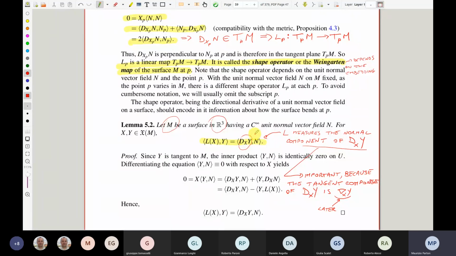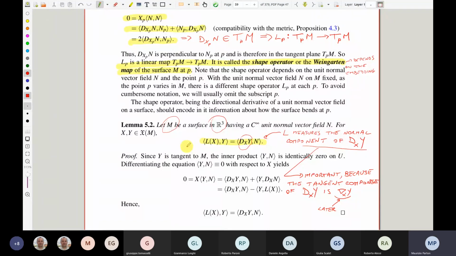So in particular, this derivative will have a tangential component and a normal component. The shape operator is giving you the normal component in this way, and the tangential component is the Levi-Civita connection of the manifold.